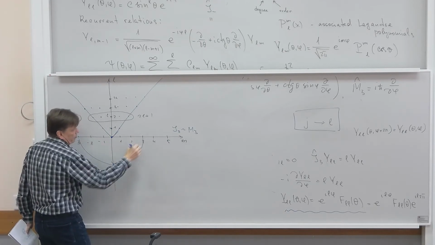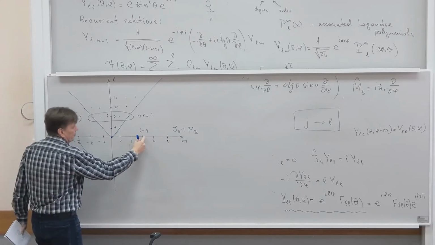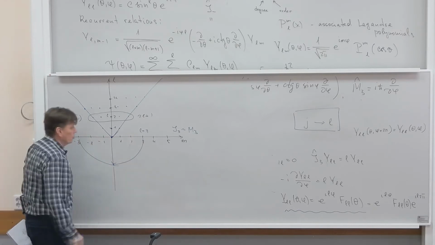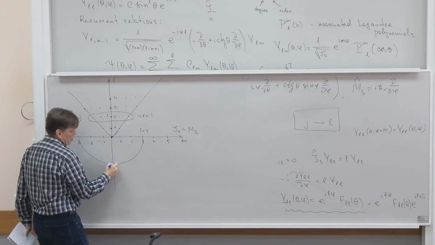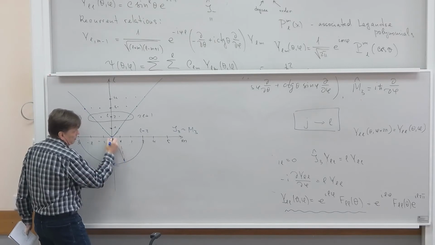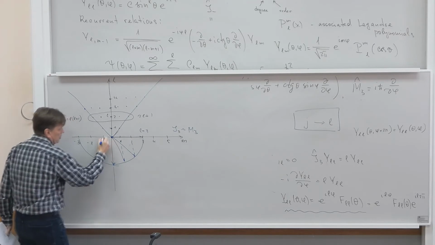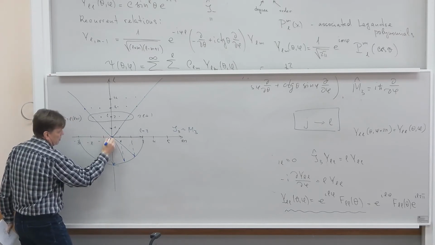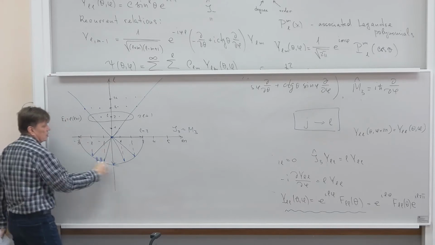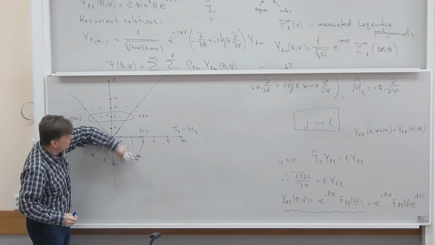For example, if L is equal to 3, we have 1, 2, 3, 4, 5, 6, 7 possible values for the projection. So it may be 0, 1, 2, or just 3, minus 1, minus 2, and minus 3. So this depicts all possible values for the projection.